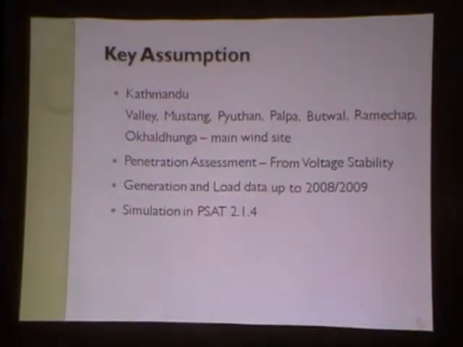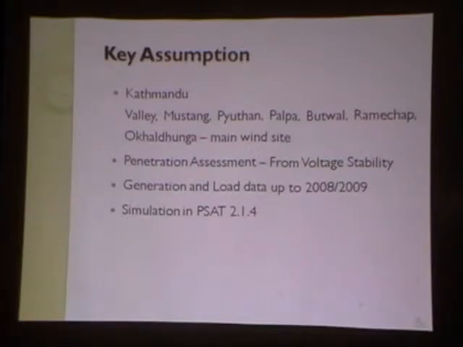So these are the key assumptions for this research. Kathmandu Valley, Mustang, Palpa, Bujol, Ramechhap, and Okhaldhunga are the Nepalese wind sites as cited by the SWERA project. I have considered these sites as the wind-prone zones for wind generator grid integration. This penetration study was carried out from a voltage stability point of view.